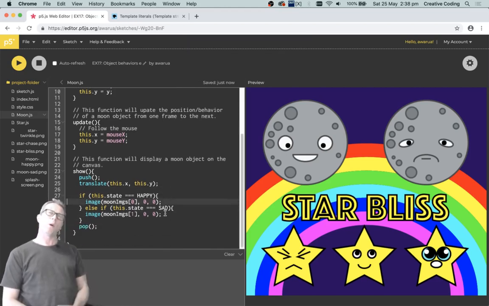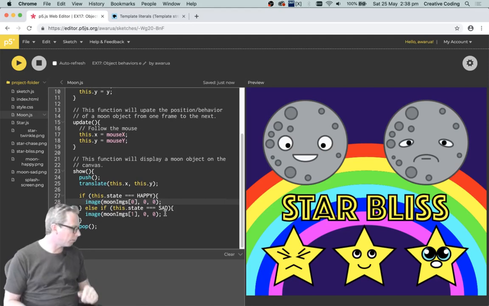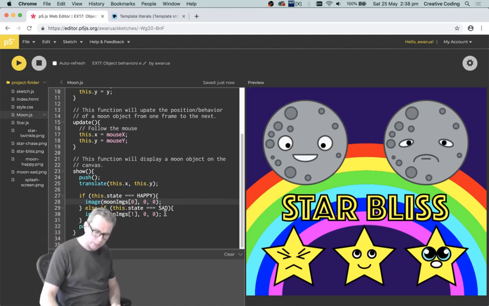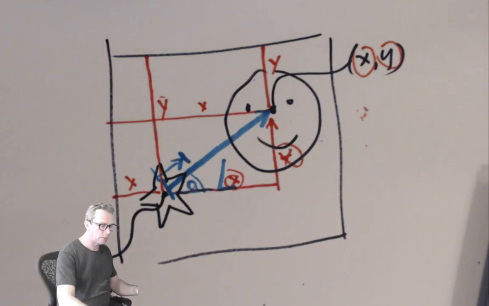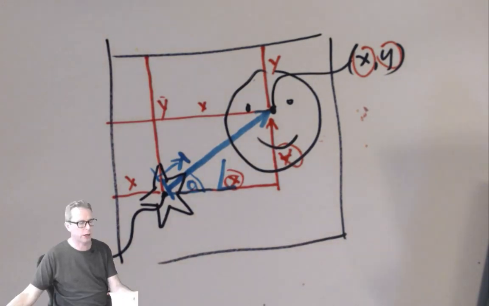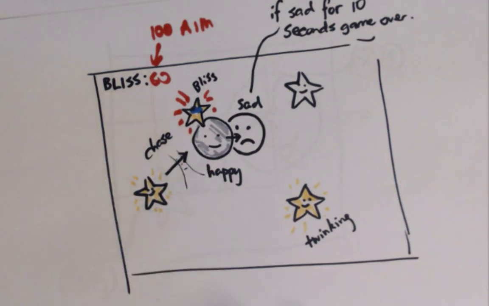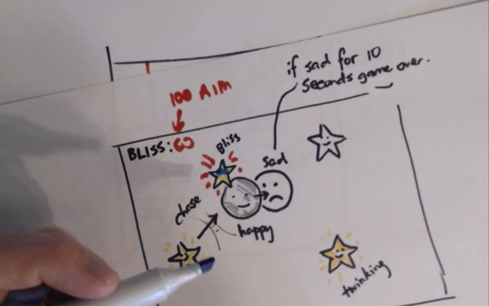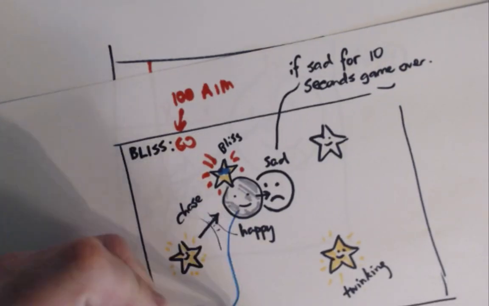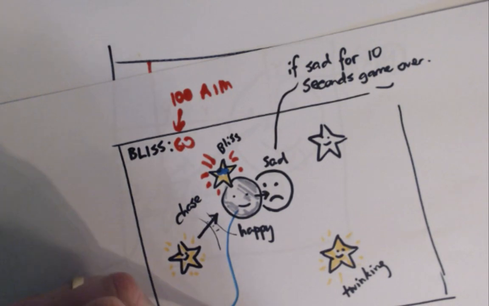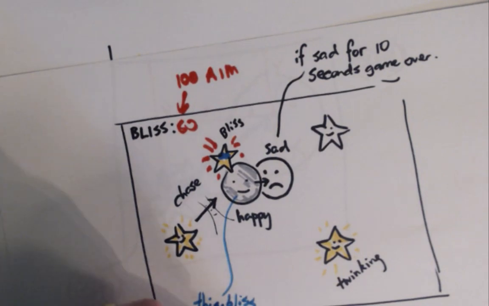All right, so the way I'm thinking about this, if I should go and diagram it, is that my moon, here's my little diagram. Now my moon has a certain amount of bliss to give. The bliss of the moon is not unlimited. So I can think of that as a property of the object, this.bliss, and maybe that starts off at 100.